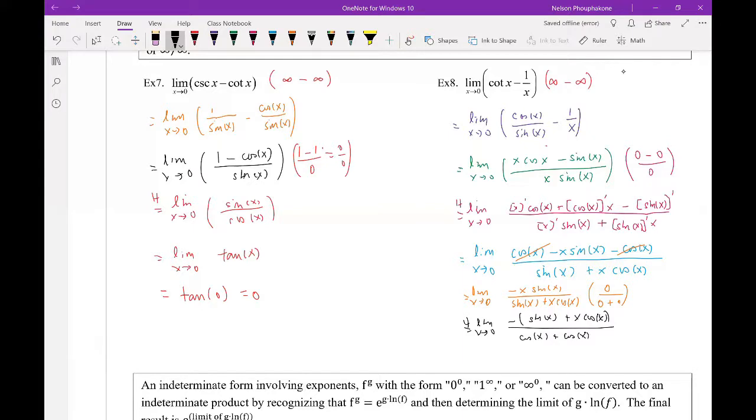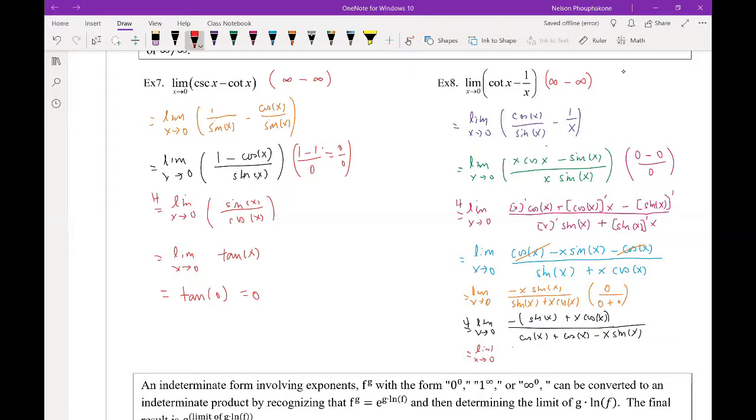Cos of x minus x times cos of x. Okay. Then now I will have negative psi of x, maybe just direct substitutions.